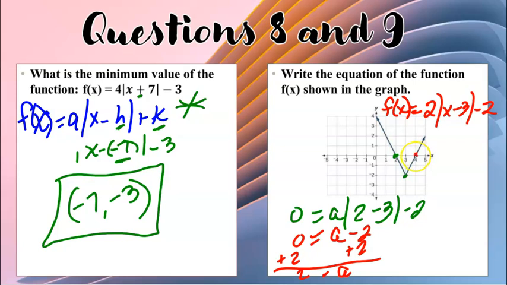So if I put a 4 in for x, my y should be 0. So 4 minus 3 is 1. The absolute value of 1 is 1. 1 times 2 is 2. 2 minus 2 is 0. So I know that the function I just wrote matches up with the graph that is plotted here.